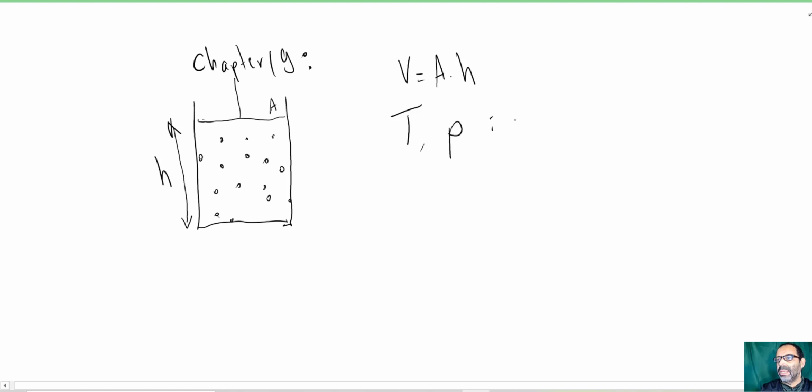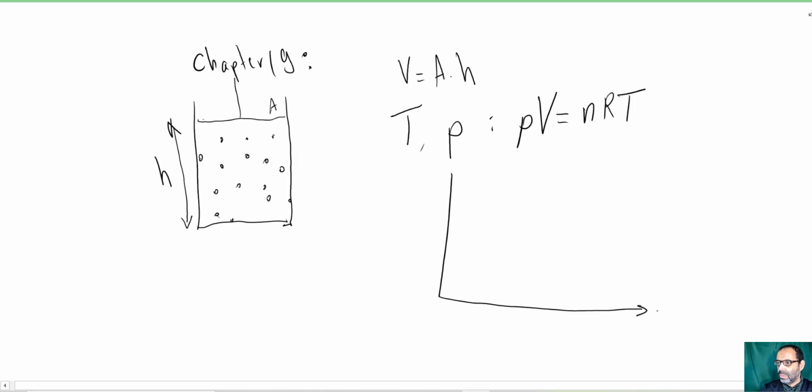If this is an ideal gas, namely the density is not too high, that allows for collisions between the particles. Go back to the previous chapter. So we know PV equals nRT. We have a gas that is well defined in a PV diagram. So this is how this gas would look. It has a specific point.